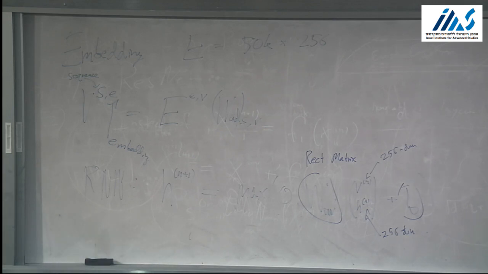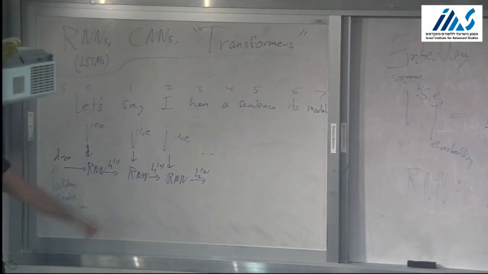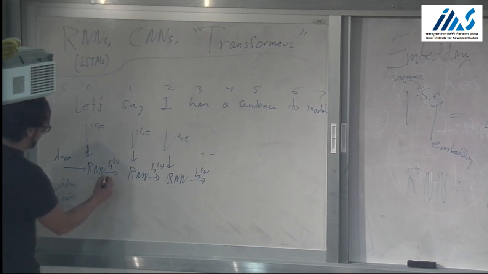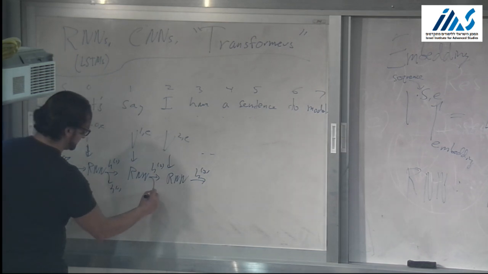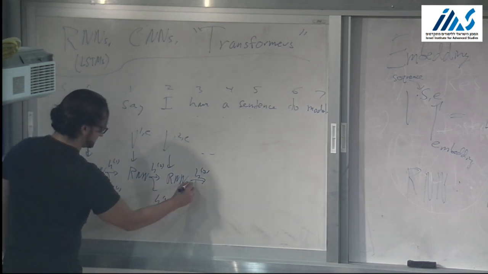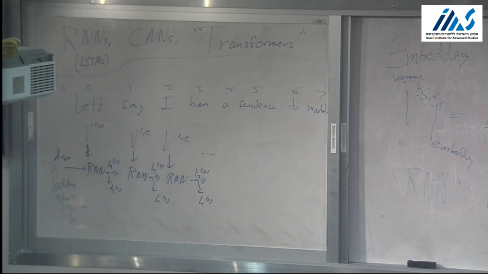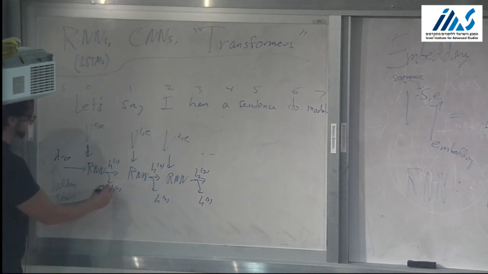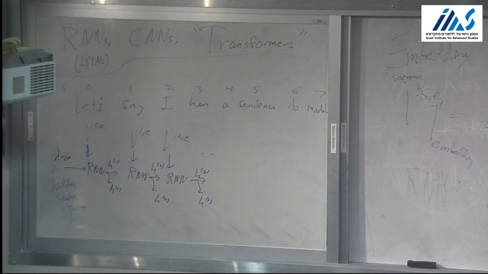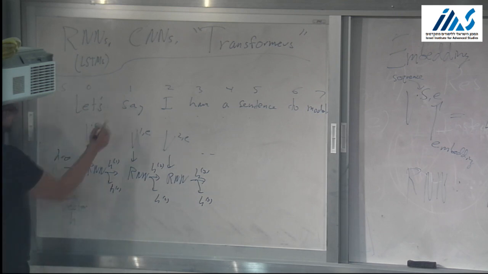So this seems kind of like a closed system. This is just producing memories and taking in new inputs. So how do we get something useful out of this? Well, at each point, we can pull off H and feed it into something that does something useful. The most standard useful thing to do is to predict the next word.